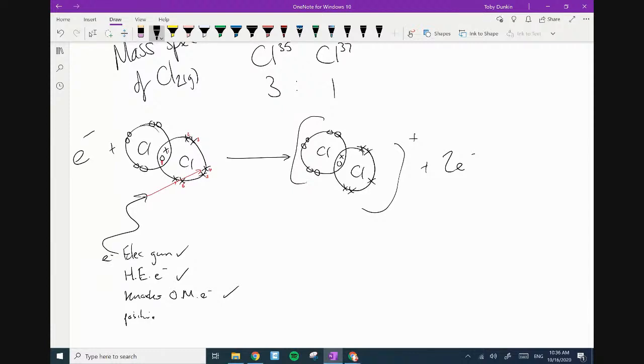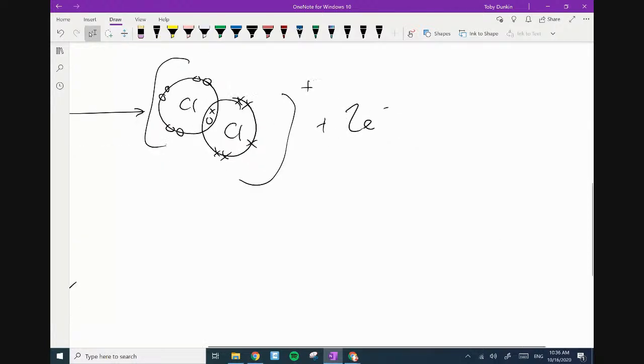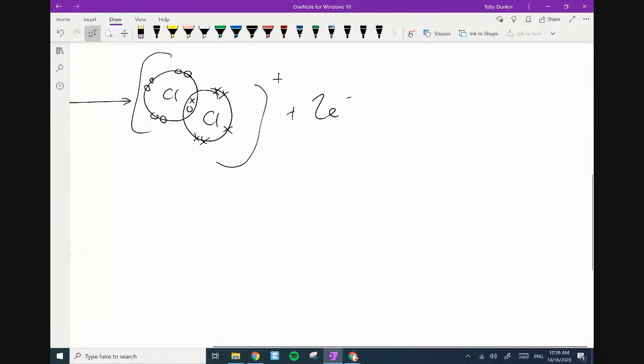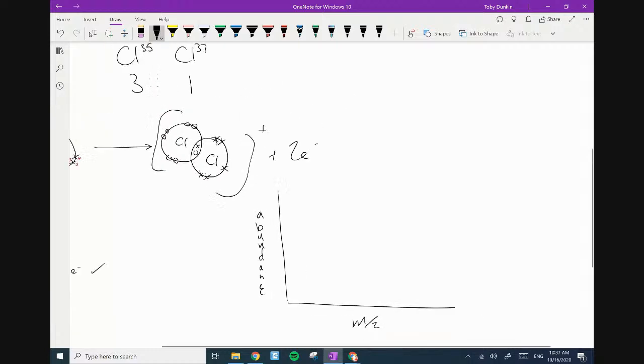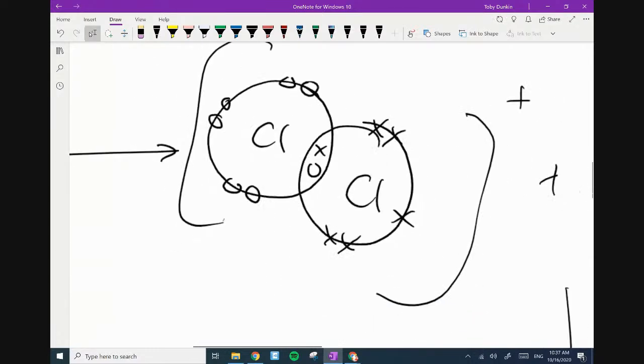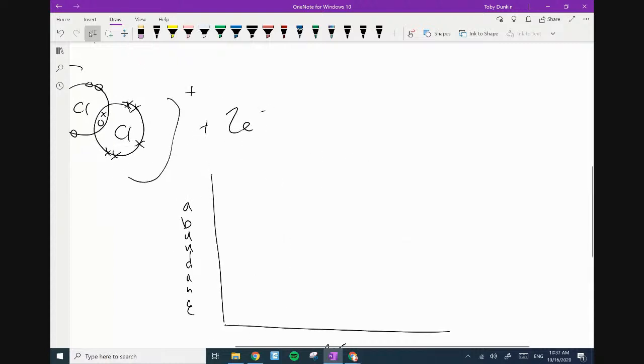Now, Anch chose electron number 4. If this was the case, it means that in my mass spec data, I'm going to get a peak. So this is M over Z, and this is abundance. Okay, so we now get a peak. Now, the question is, who were the 2 elements that were joined together? What options did I have here?